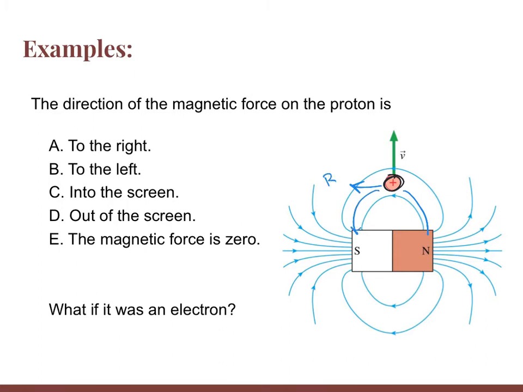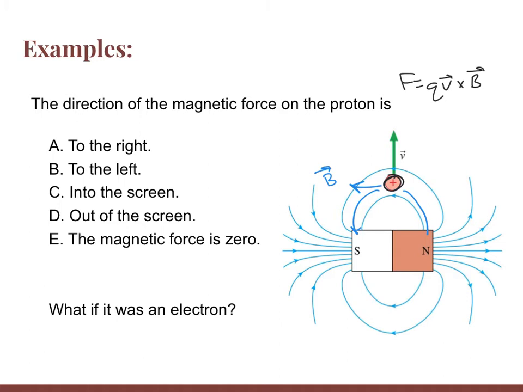So that's going to be our B. So we say force equals QV cross B. So you take the V as your pointer finger, your index finger, point your index finger in the direction of V, then take the rest of your fingers, point them in the direction of B, and look and see where your thumb is pointing.